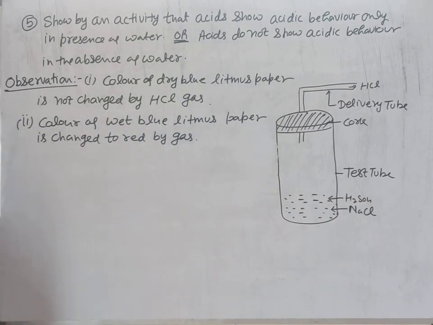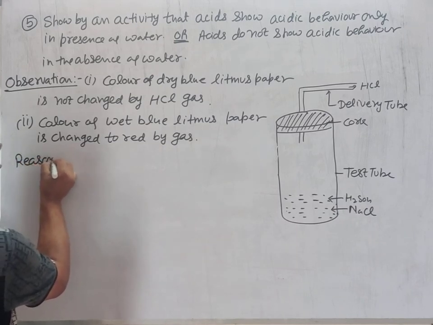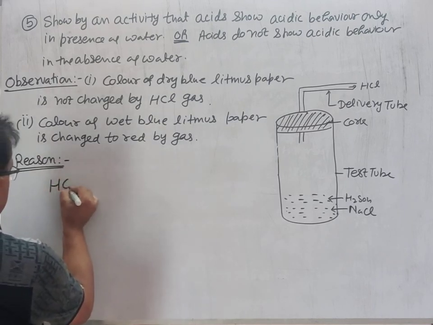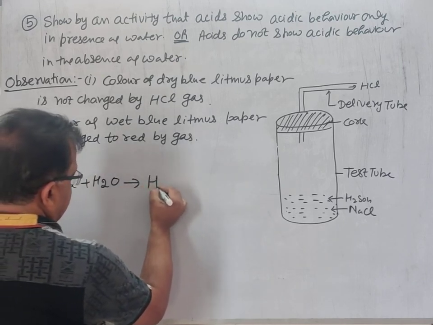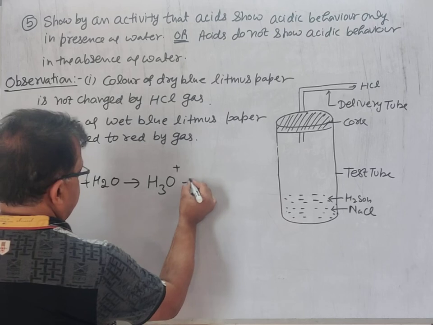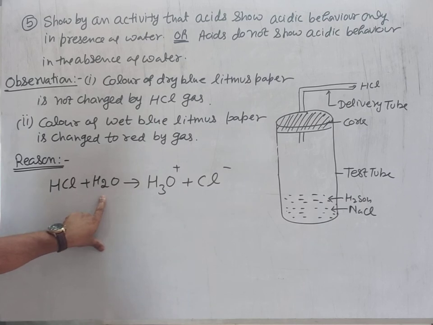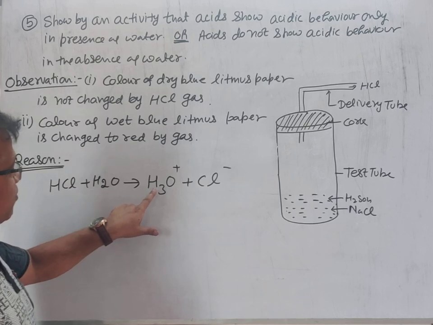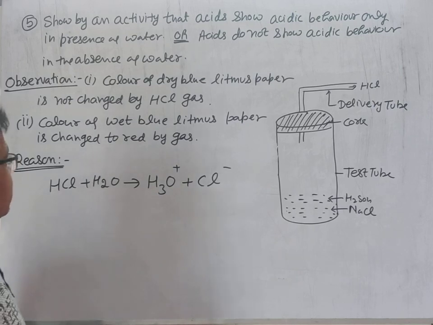Now, what is the reason for that? The reason is that HCl in the presence of water forms hydronium ion or hydrogen ion aqueous, and due to the presence of hydrogen ion aqueous, the color of the litmus paper changes.